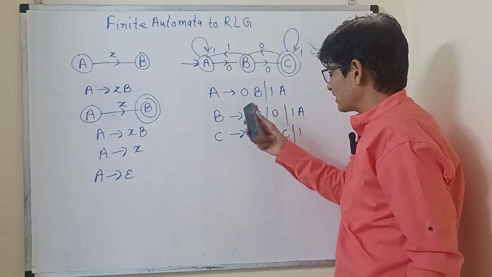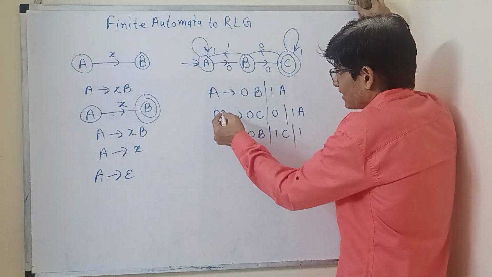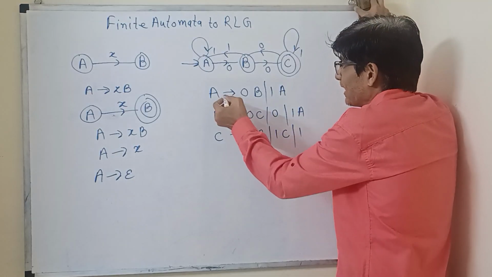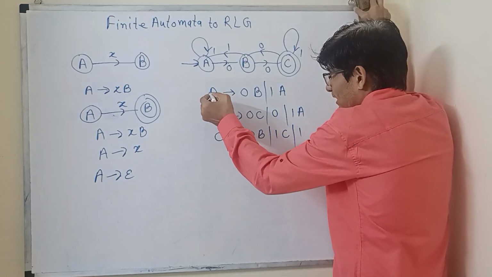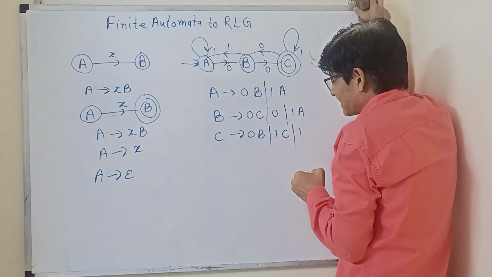So in this particular grammar, you can see all productions are there, and we have three variables: A is the start variable, B is another variable, and C is another variable.